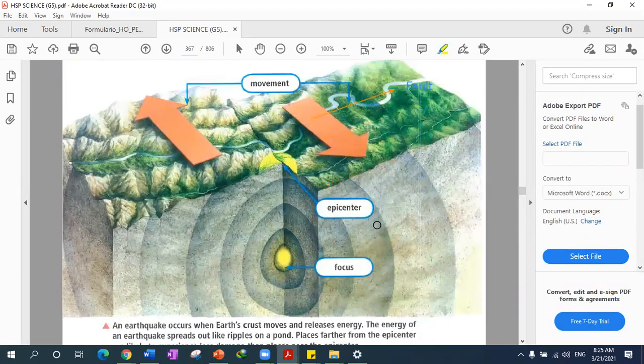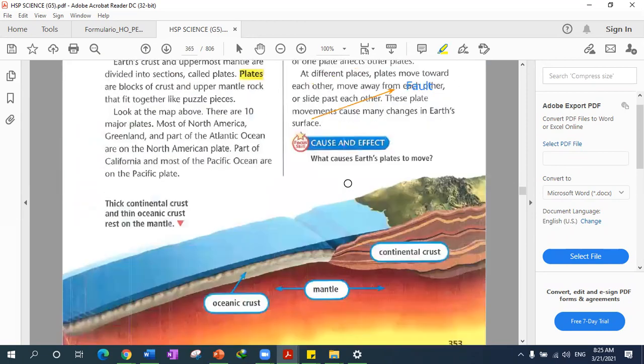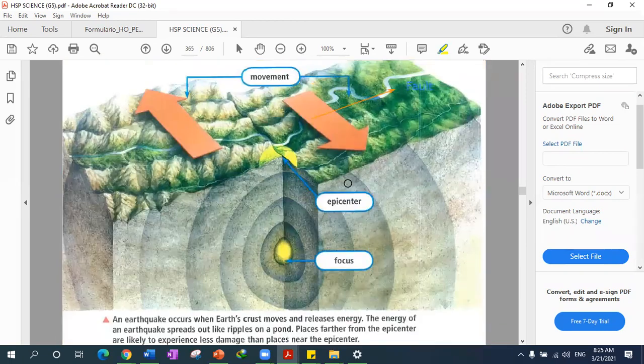So in here we have a big image. It's showing you two tectonic plates. Can you see one going this way and one going the other way? It's like two pieces of biscuits grinding past each other, just rubbing together.